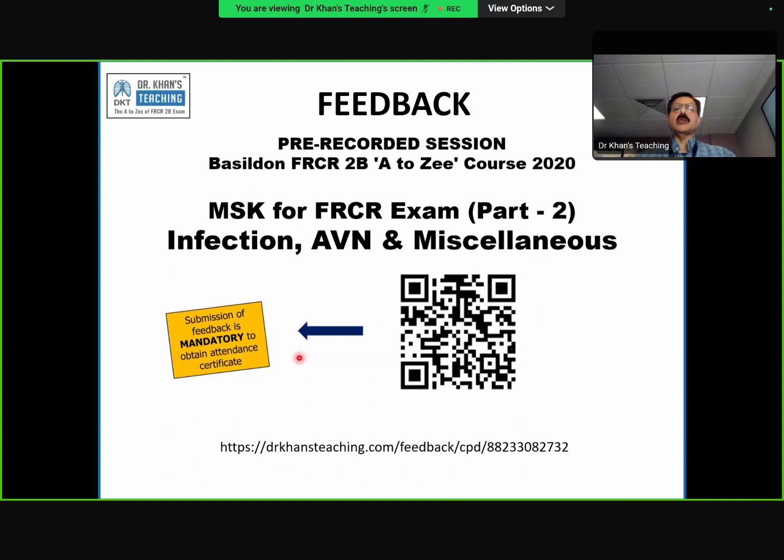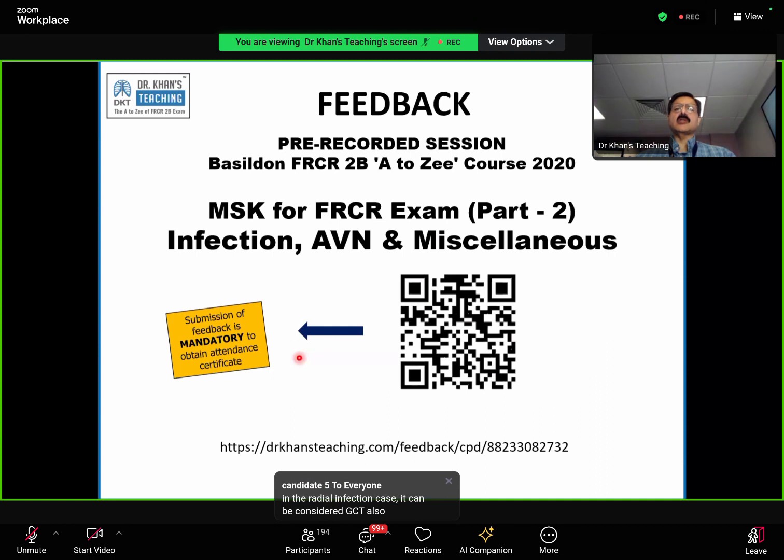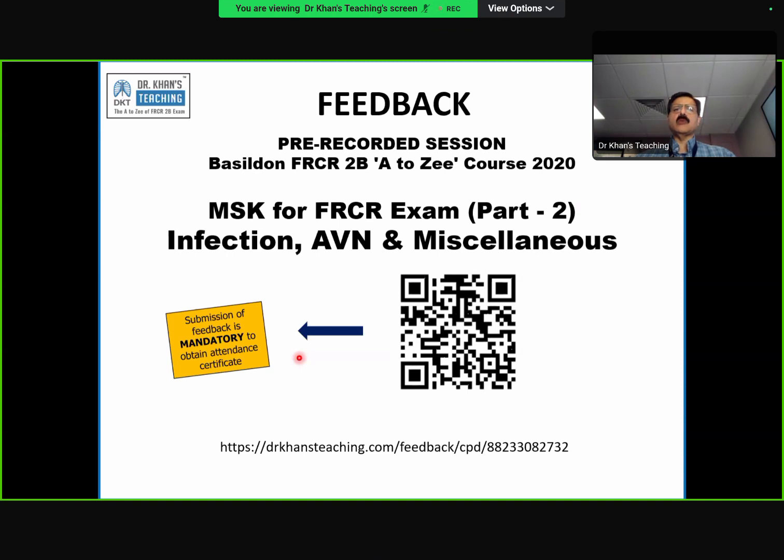How to differentiate signal of disc versus discitis in postop? Disc signal, basically, if you see fluid signal on T2, that is what we were talking about. In every case, you will not. If you see fluid in the disc, then you will say that this is abnormal.